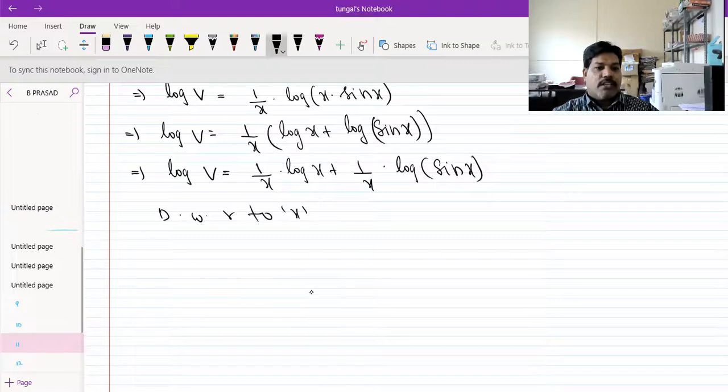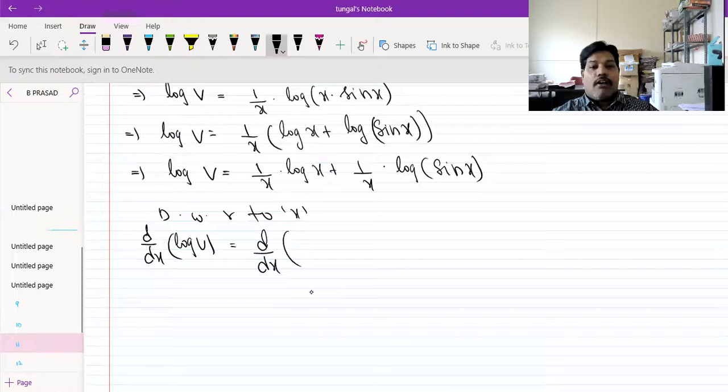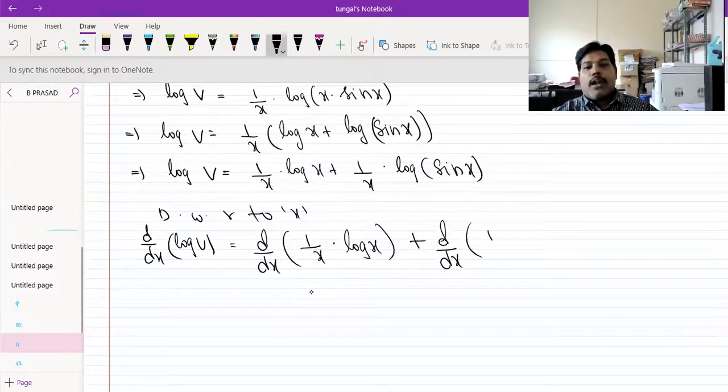The derivative of log v is equal to the derivative of 1 by x into log x plus the derivative of 1 by x into log of sin x.